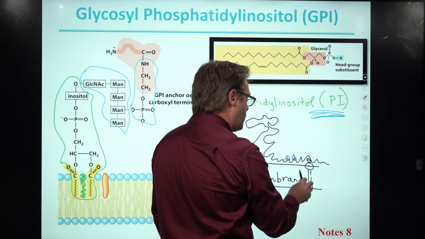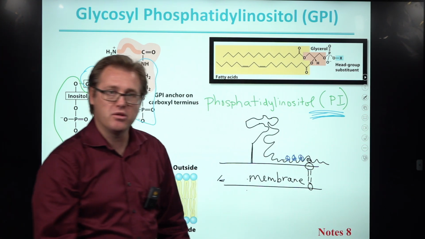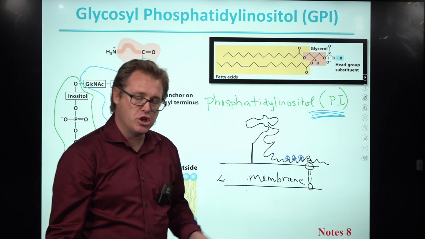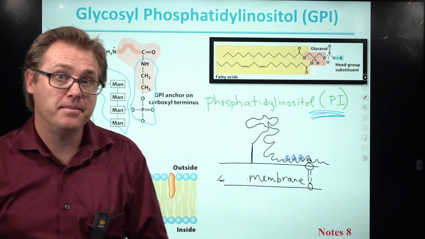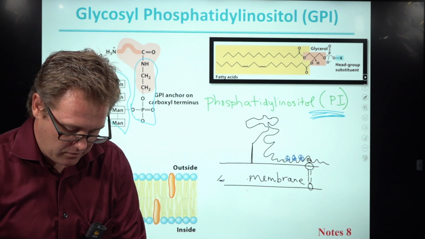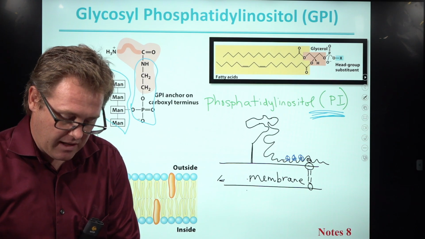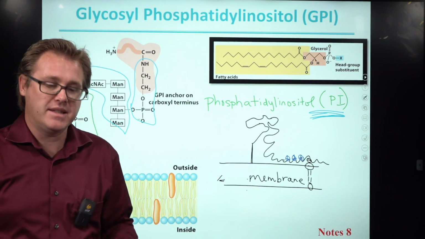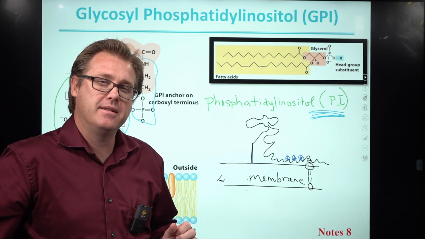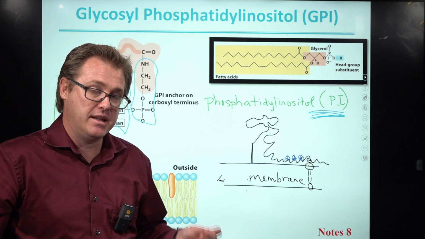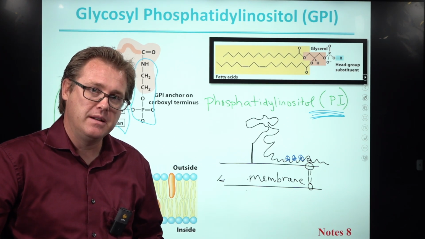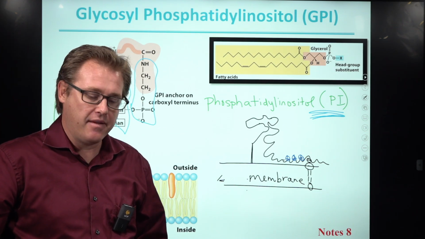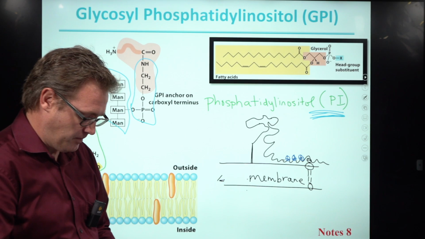You would have positively charged side chains on those amino acids so that they could interact with that negatively charged membrane. Now, you can't say every single lipid is going to be negatively charged. It depends on the head group. But a lot of the lipids in membranes do have negatively charged head groups.